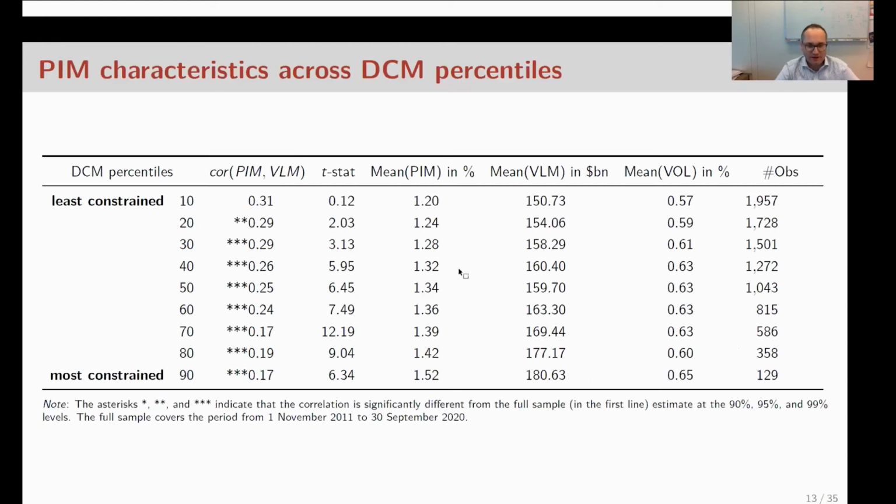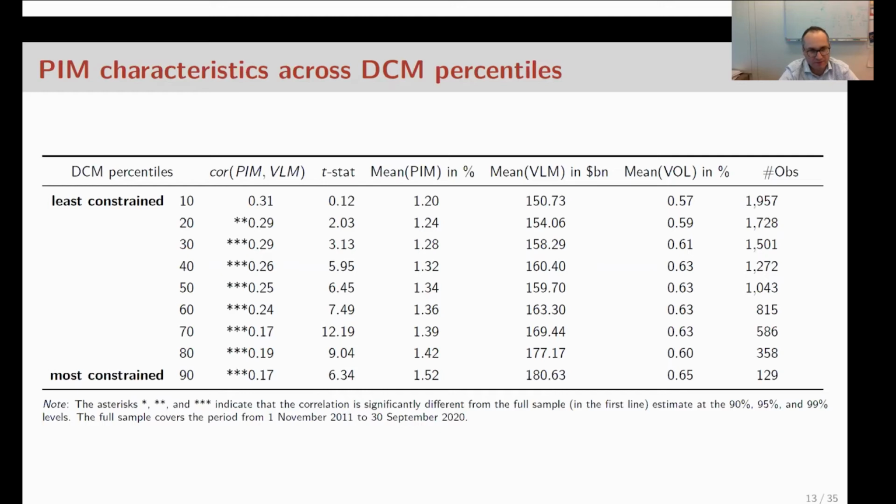Okay, so let's now look at the first cut of the data in order to better understand the link between our price inefficiency measures and the dealer constraints. So here in this slide, which is just some basic descriptive analysis, first we're looking at essentially a movement along the distribution of the dealer constraint measure.